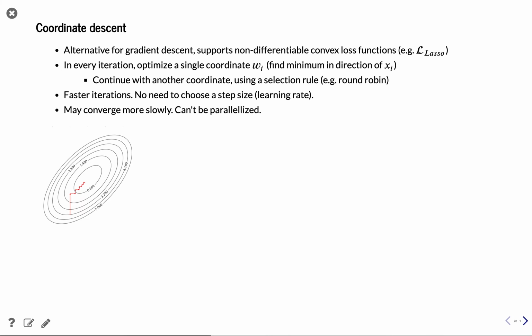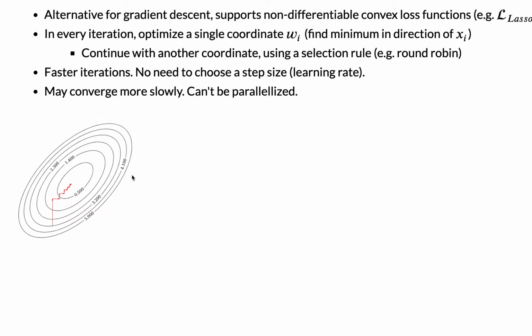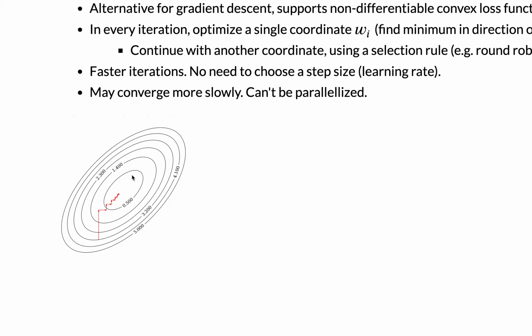Now let's take a closer look at coordinate descent and why Lasso sets so many weights to 0. So coordinate descent is quite a different algorithm actually. So what it does, instead of optimizing the weights, so say the two-dimensional space W0, W1, gradient descent would basically compute the gradient in both directions and then update accordingly.